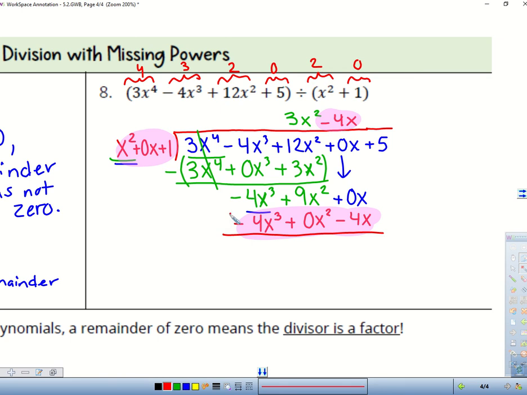So remember, this whole thing is getting subtracted, right? So what happens to the first term? It's eliminated. This becomes 9x squared, and this becomes positive 4x. Good. What happens with the 5? Drop the 5 down.